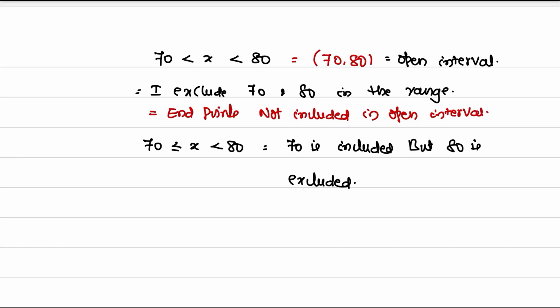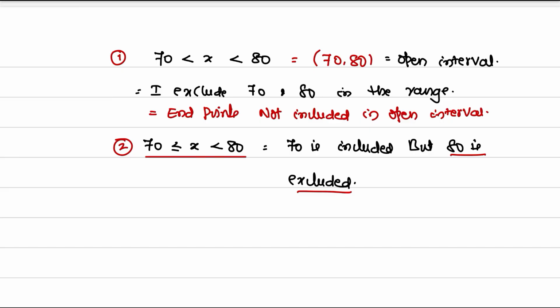If there is some decision in your mind that you purchase an item for 70 but you will not go beyond 80, and you will exclude 80 also, you will not go equal to 80 or more than 80, then it will be written like this: 80 is excluded.